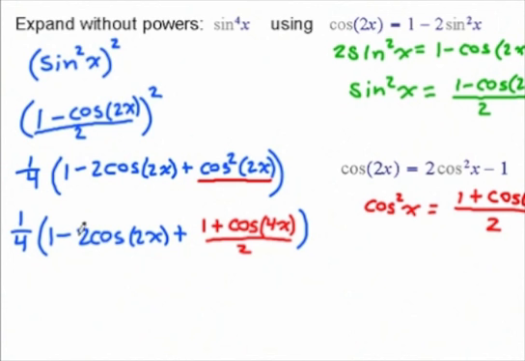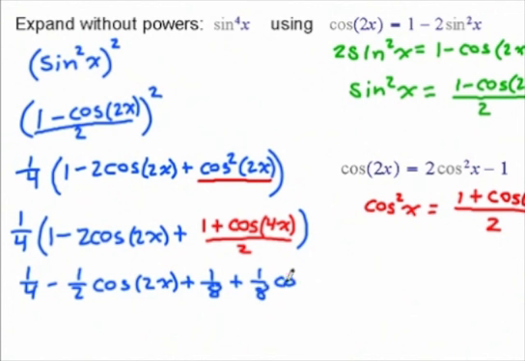So if I expand it out, 1/4 through, we're going to get 1/4 minus 1/2 cosine of 2x. We're going to have a half here times a 4th, so it'll be plus 1/8. Another half in front of this cosine times that 4th will be 1/8 of cosine of 4x. And there's only one last thing that we need to do, which is combine like terms.